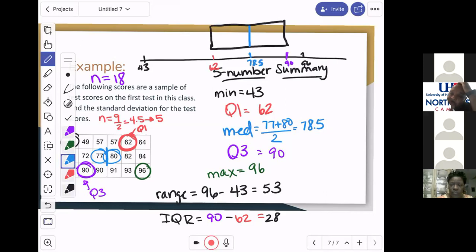It can move left or right, depending on how spread out the data is inside the IQR. But this is the median. Then we draw whiskers to the lowest value down here and the highest value up here. And this is our graph. This is the box and whisker plot for this.